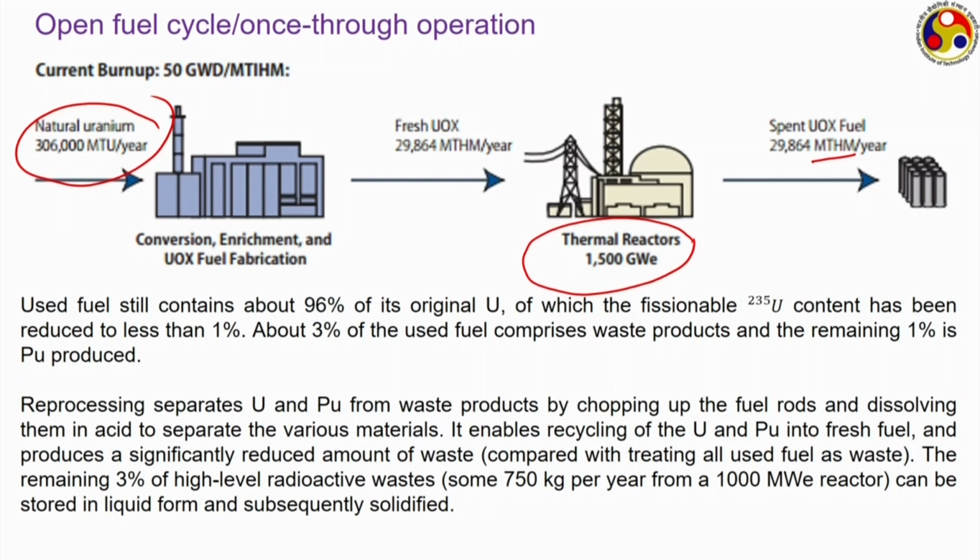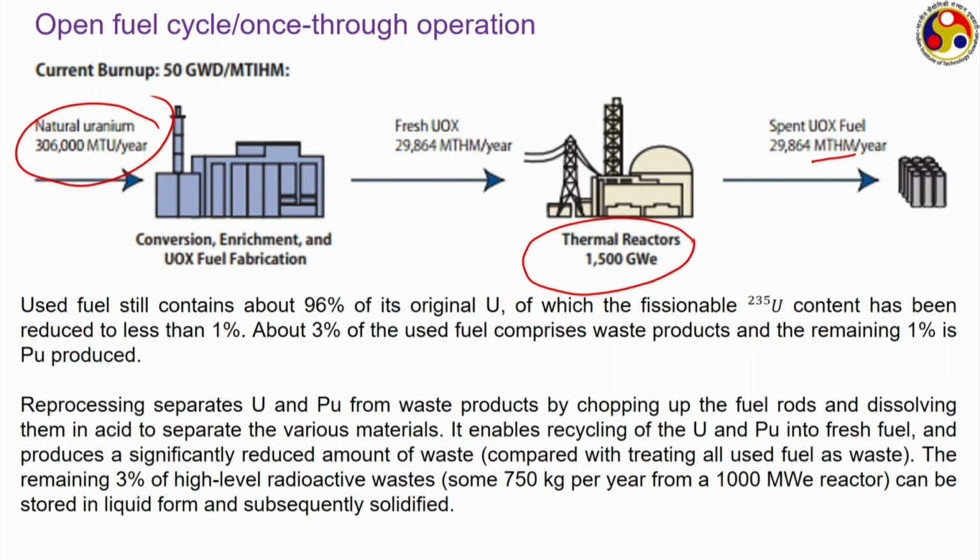Here the uranium and plutonium are separated from the waste product by first chopping up the fuel rods and dissolving them in acid to separate the various products. The recycling of uranium and plutonium into fresh fuel produces a significant reduction in the total amount of waste.